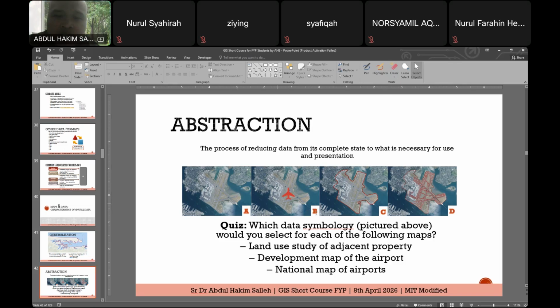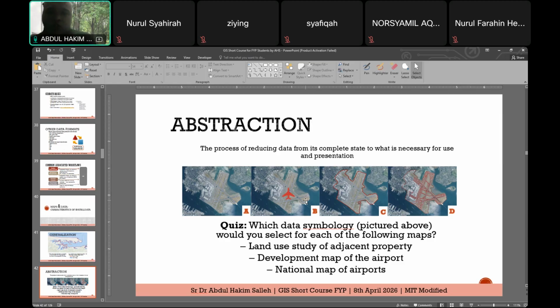So from A, B, C, and D, if you go through the huge map and you want to look for the airport, I believe you will see the location of the airport much easier with option B, because option B literally puts the icon of an aircraft.